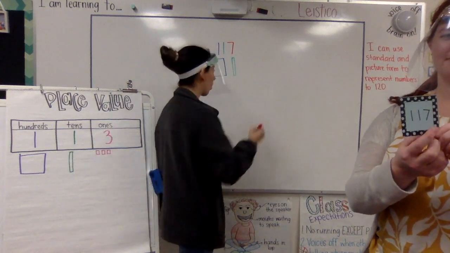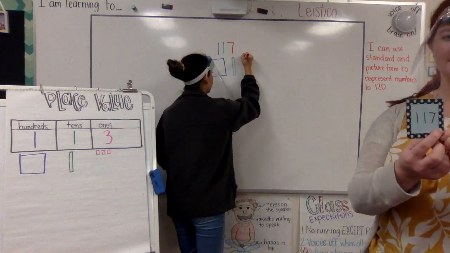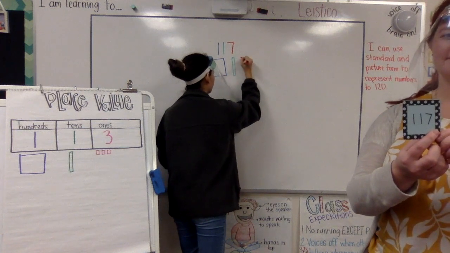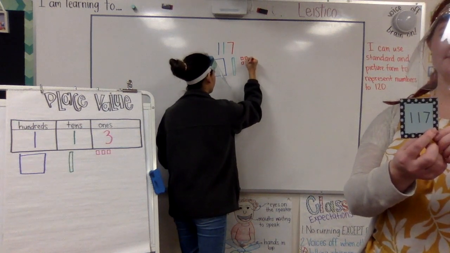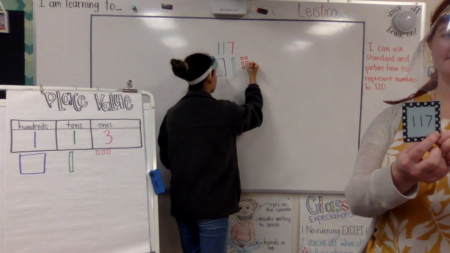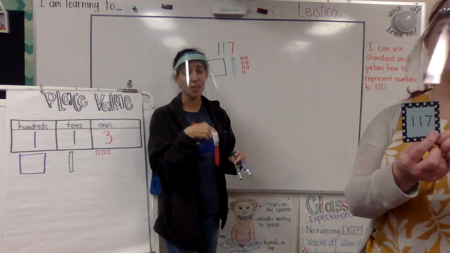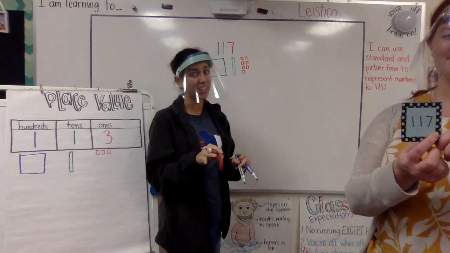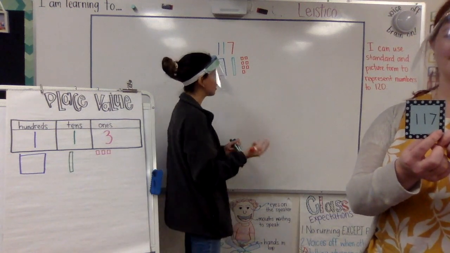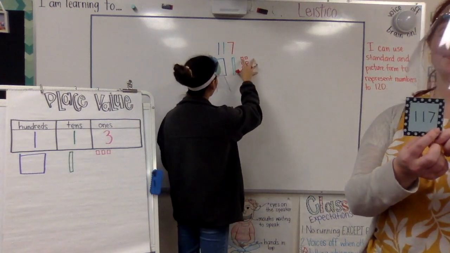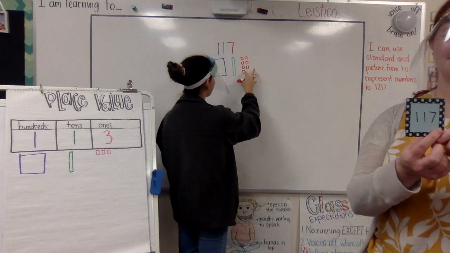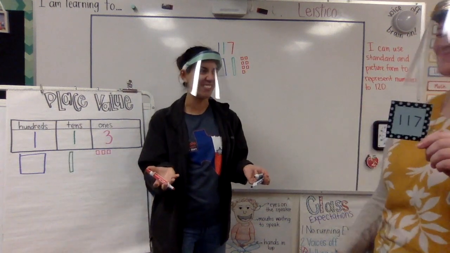So I'm going to have to draw 7 of my little tiny 1 blocks. So I'm going 1, 2, 3, 4, 5, 6, 7. And I know it's important to go back and check to make sure that I drew the right amount, because when it gets to the bigger numbers, sometimes we might draw the wrong amount. So 1, 2, 3, 4, 5, 6, 7. And I have the right amount.